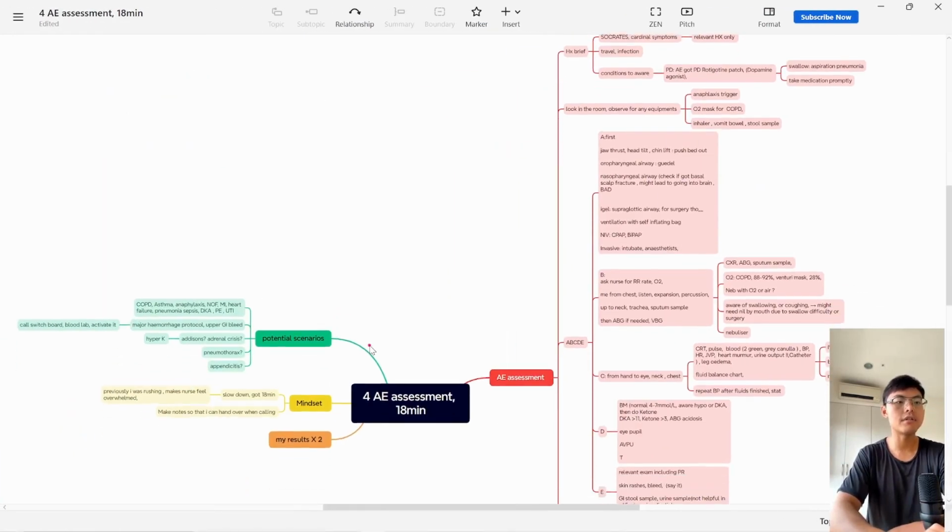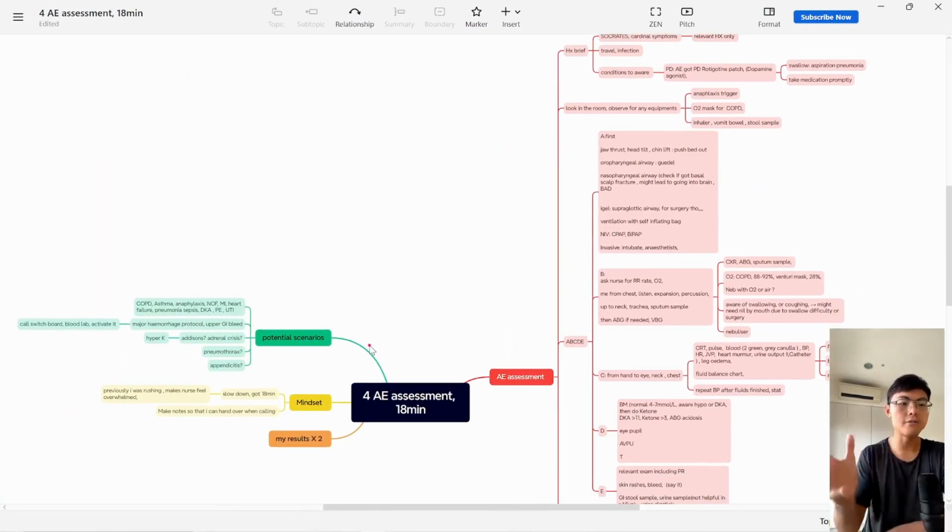So overall, you can see that the A to E assessment is simple, in that the cause is quite clear. They won't challenge you on random niche medical conditions. It will often be something that we've seen, something that is easy to manage.